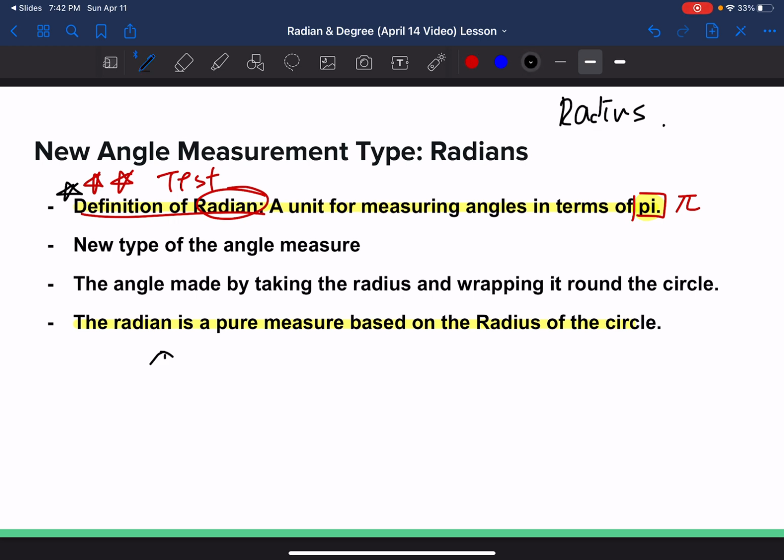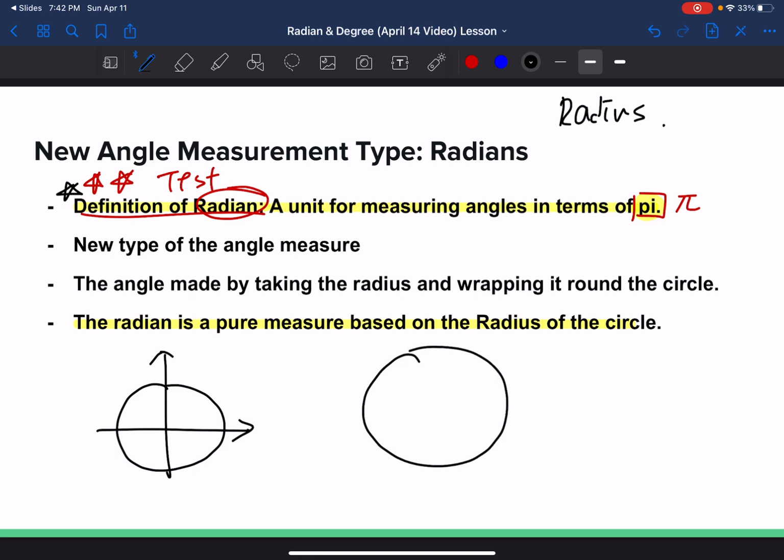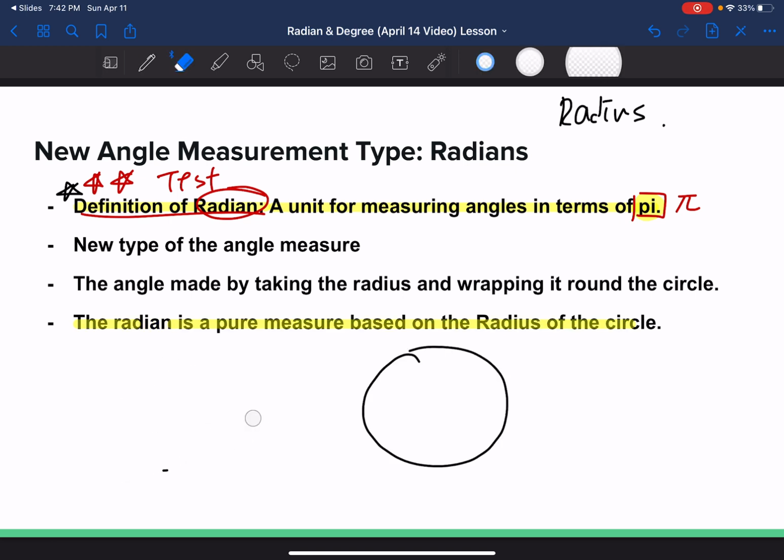But it's basically saying, if you have a circle, let me draw a circle right here. If you have a circle, you will have a radius. Then we're cutting the circle like a pizza, a piece of the pizza, and we will have an angle right here.